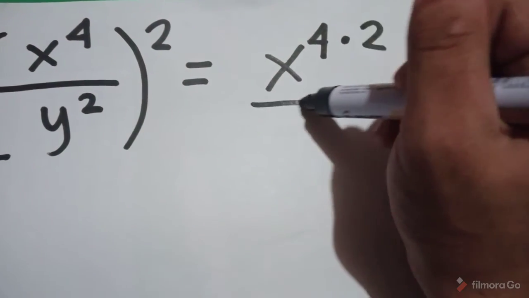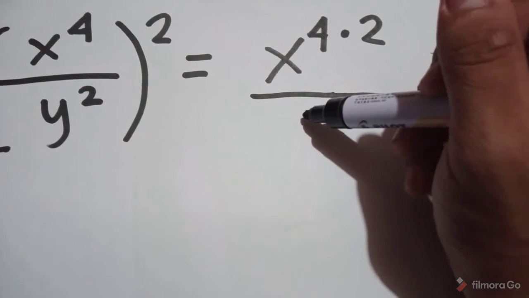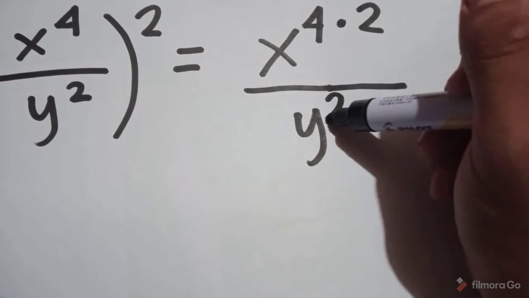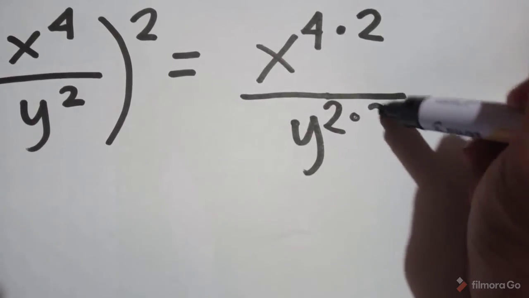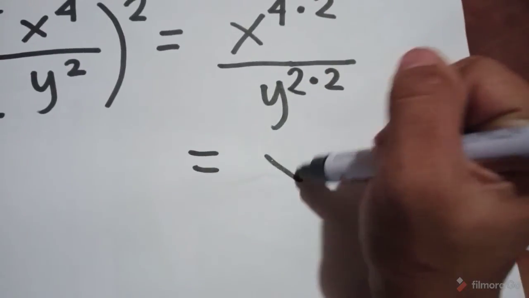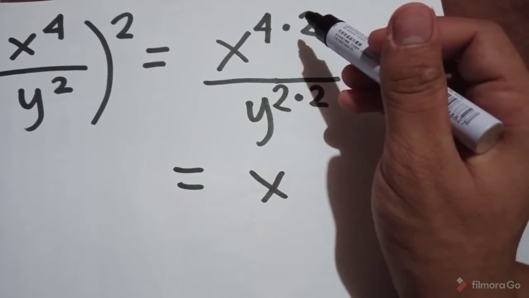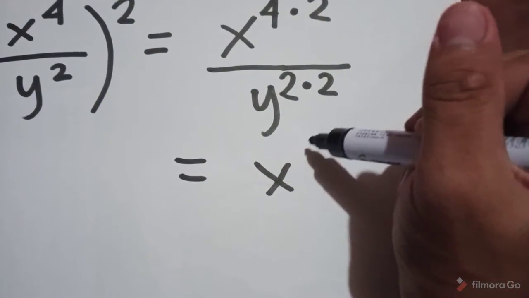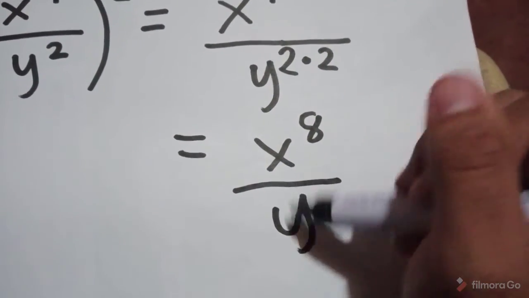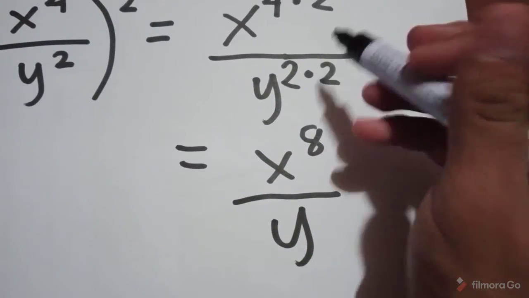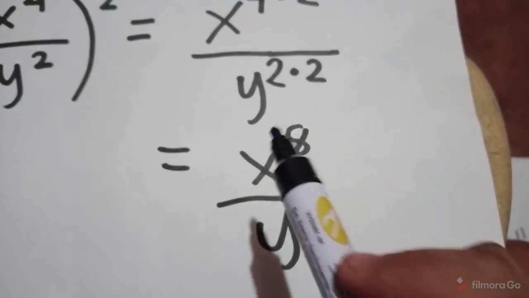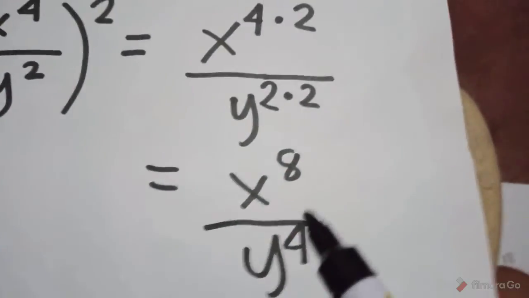The same with the denominator, copy the factor and multiply its exponent to the outer exponent. So x to the 4 times 2 is 8 and y to the 2 times 2 is equal to 4. This is the final answer, x to the 8 over y to the 4.